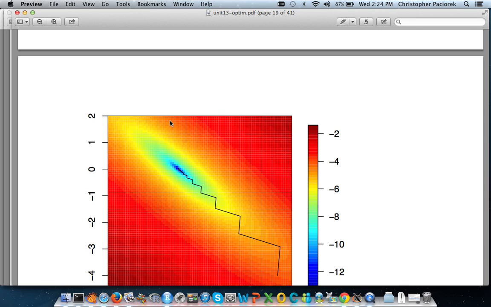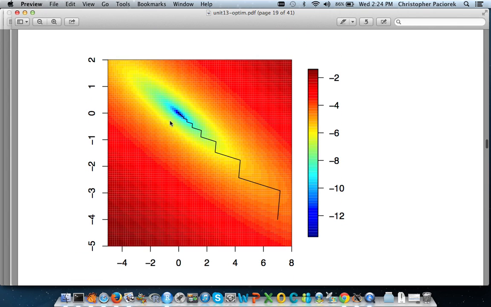Okay, so let me backtrack a little bit there. Suppose I've estimated the gradients at all of these points here, right? So if I've estimated the gradient at this point, and I've estimated the gradient at this point, and I know how far I traveled, the difference in gradients divided by the difference in the x values is actually a numerical estimate of the second derivative, because it's the derivative of the gradient.